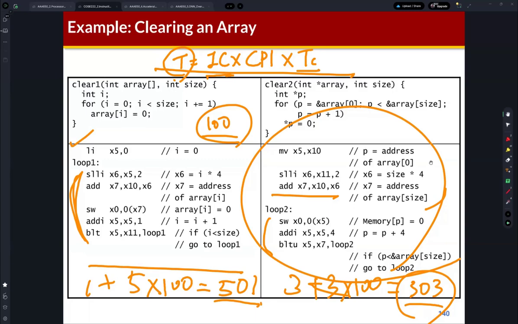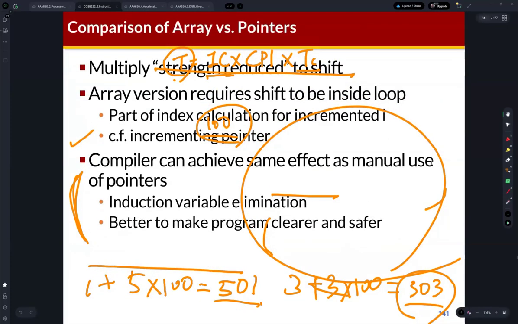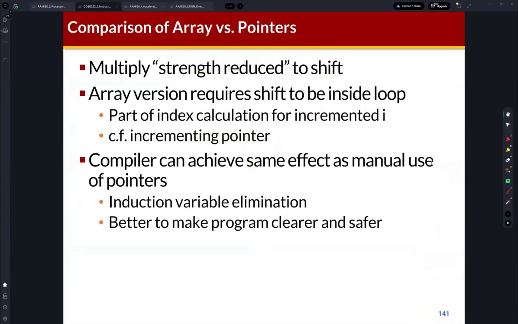So do we need to use pointers? It's actually not necessary, because we can rely on compilers. Compilers analyze the code, and then generate the optimized code. So it's better to make the program clearer and safer, okay?